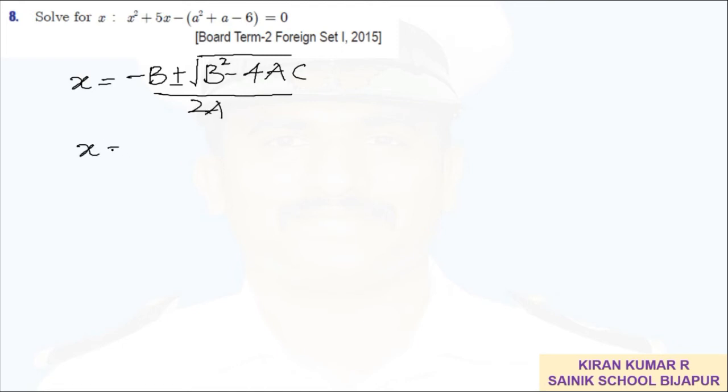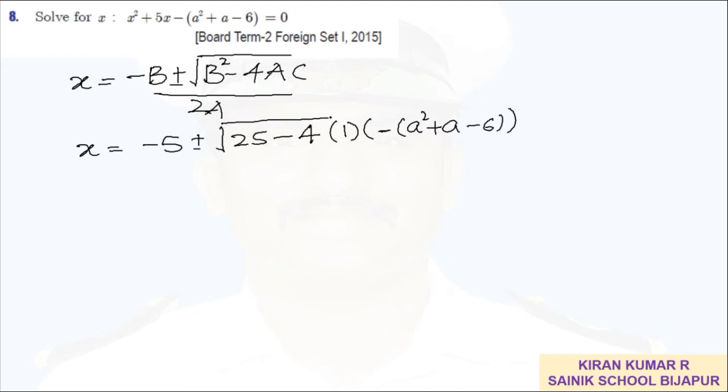Upon using this formula, I'll get minus 5 plus or minus root of b square, which is 25, minus 4ac, 4 into 1 into negative a square plus a minus 6, divided by 2a. 2a is 2 times 1.